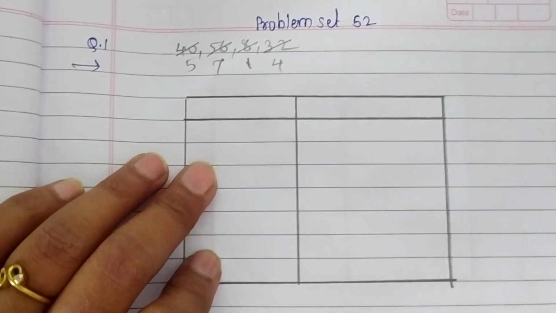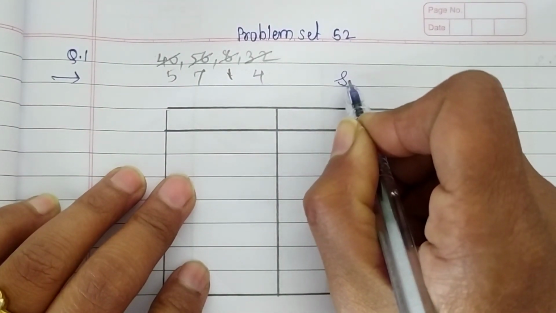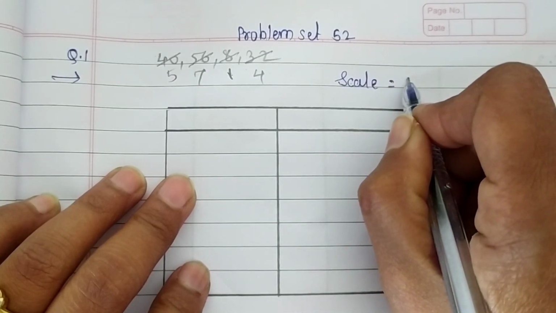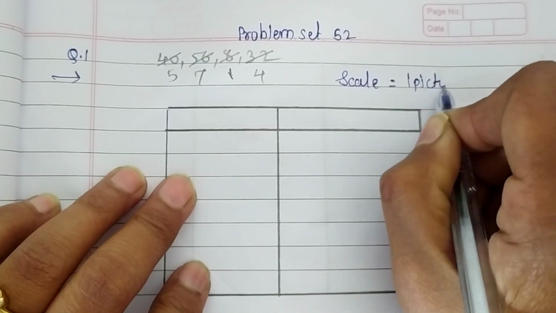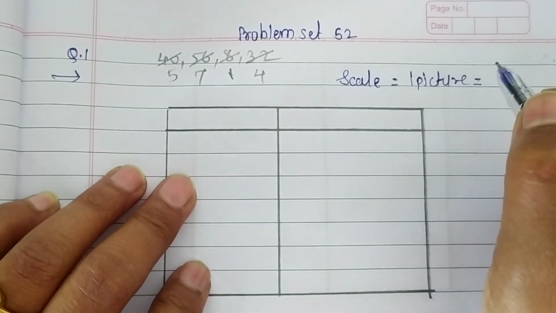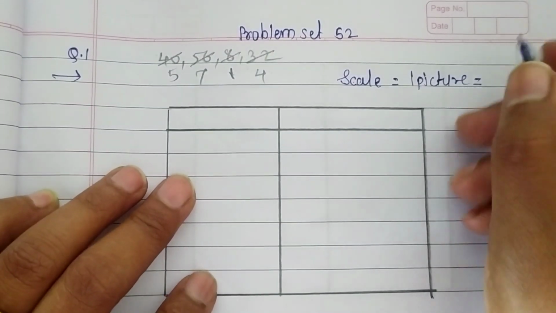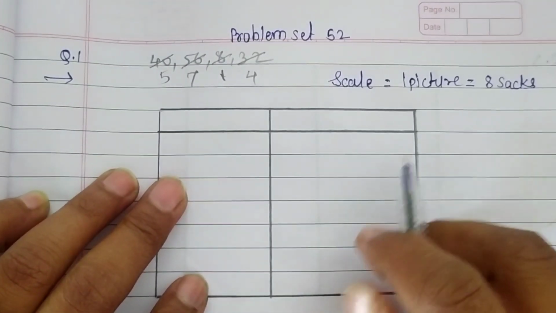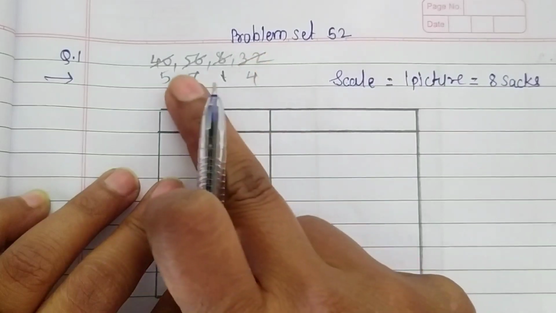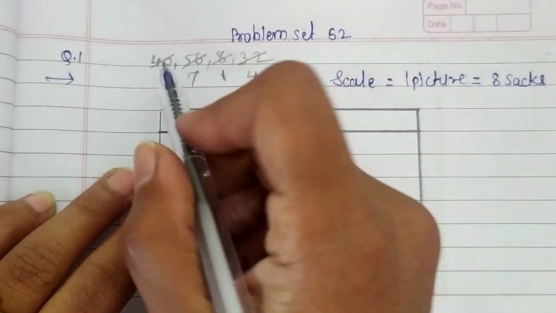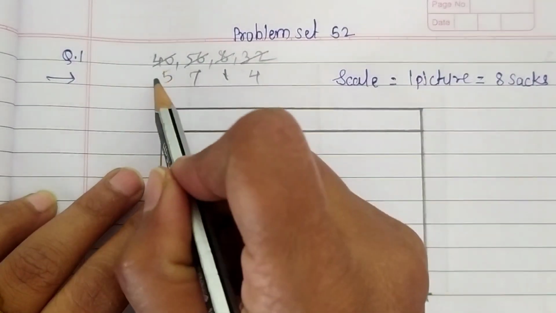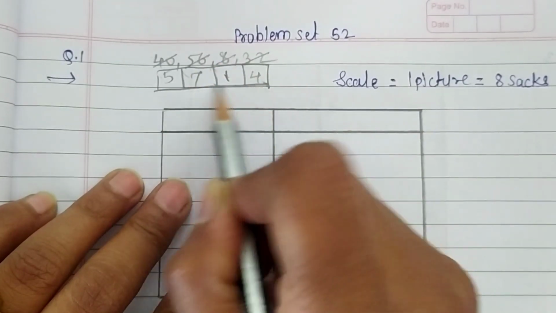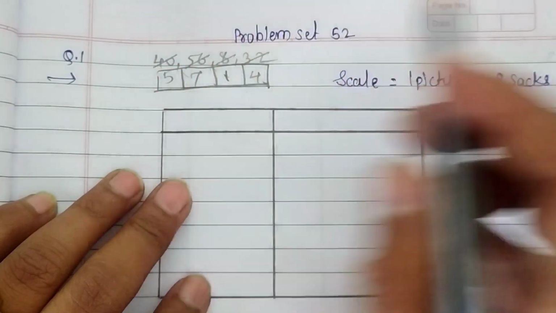Let's write the scale here: scale is equal to 1 picture is equal to 8 sacks, because we are going to divide all these numbers by 8. So the numbers we get here are the number of pictures we have to draw for these numbers.